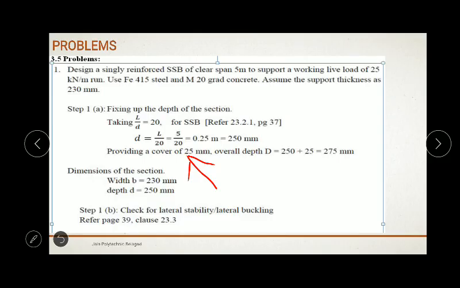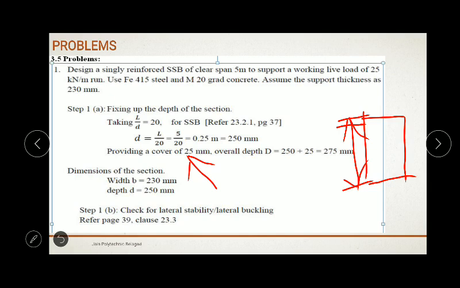After that, the effective depth small d we have got, 250, plus the cover, we get 275 mm. This is nothing but 275 mm, means if this is the beam, the overall depth from the top to the bottom.